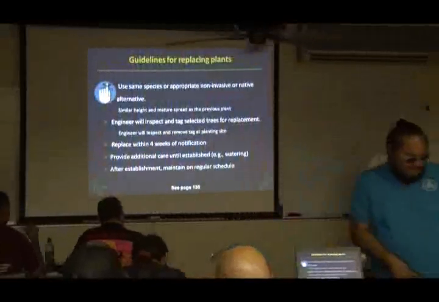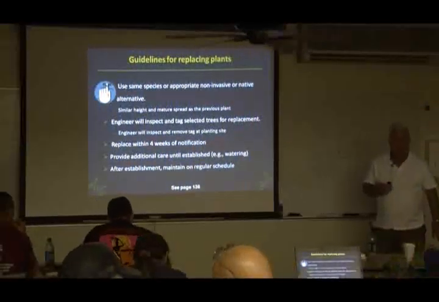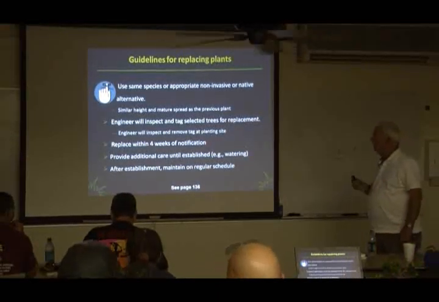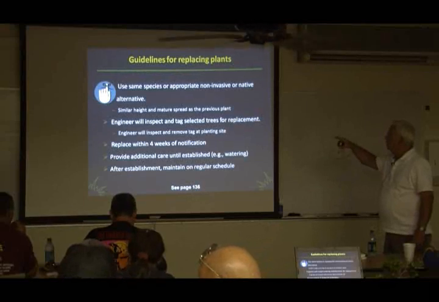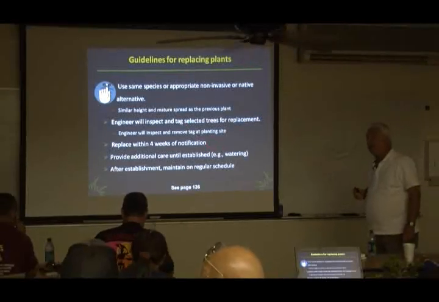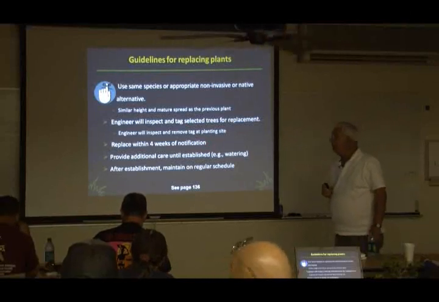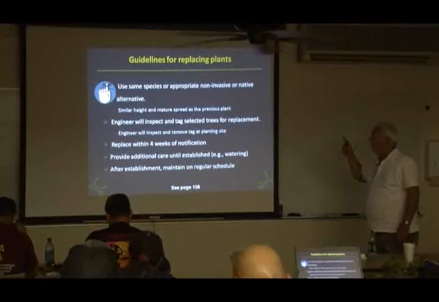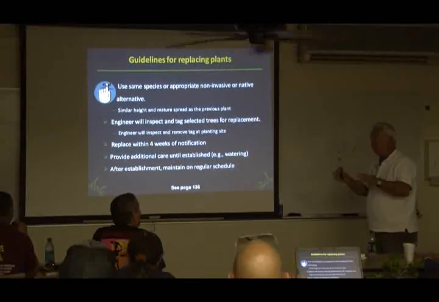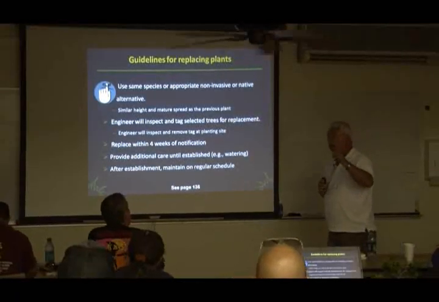We've already talked about the guidelines earlier in the day. Very quickly, though, this is something a little new: the selection of new plants to be planted. What has to happen is a series of going to the nursery, selecting plants, and tagging those plants.